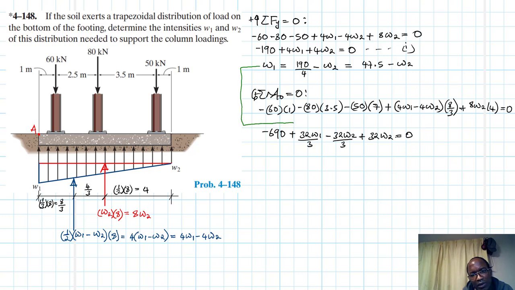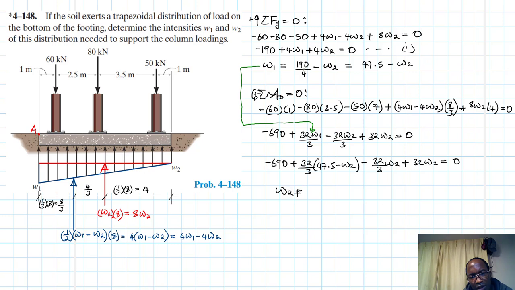Once we do so, we have minus 690 plus 32 divided by 3 times (47.5 minus W2), minus 32 divided by 3 W2 plus 32 W2 equal to 0.